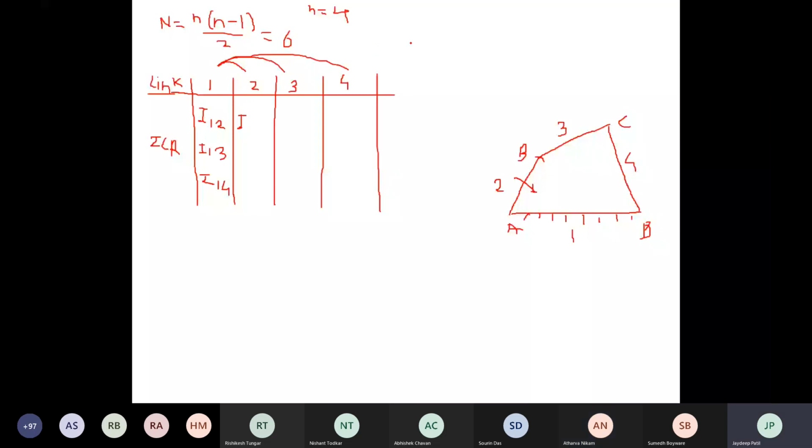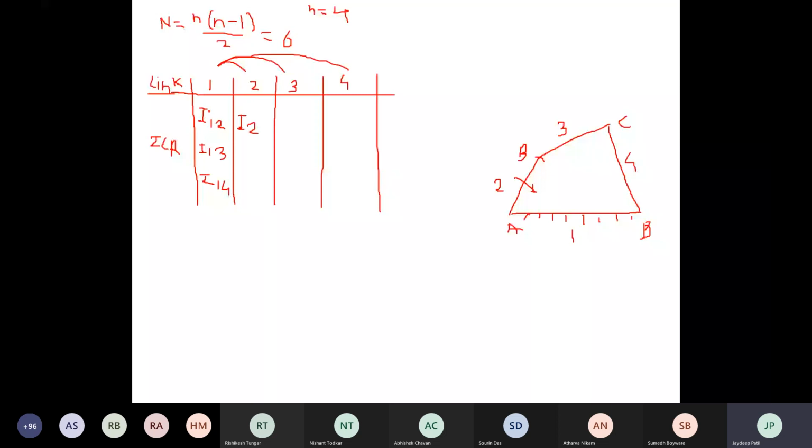Now consider the second column. You have to write down the ICRs of the second link with respect to the other links. Now tell me, what comes first? I 2 1. Correct. I 1 2 means I 2 1, there is no difference, and we have already done it in the first column. Don't repeat.